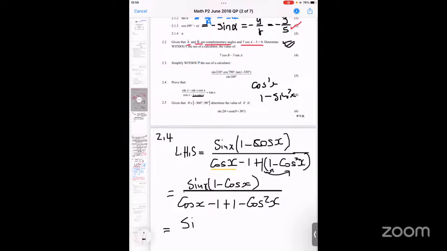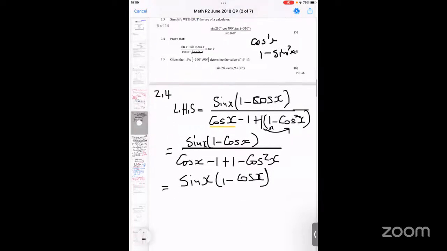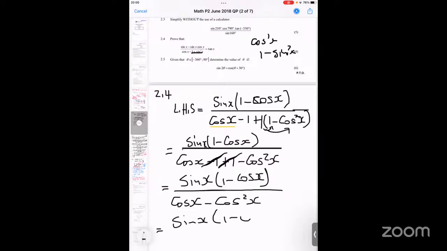And then that one just remains because I already worked it out. And then I still have my cos x. It looks like that cancels with that. And then I just have minus cos squared x. Yes, it looks like this one will just remain as it is.